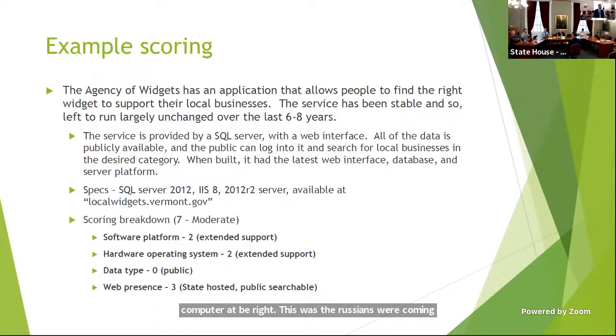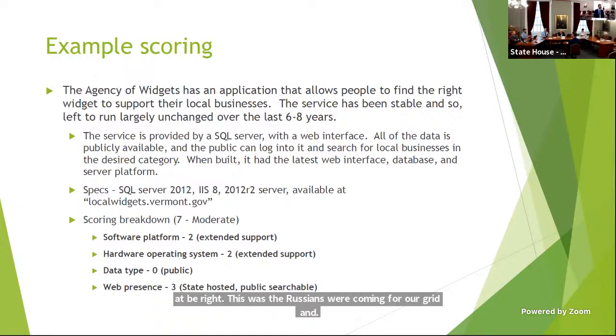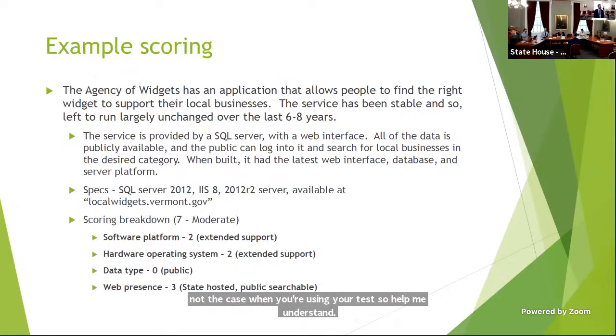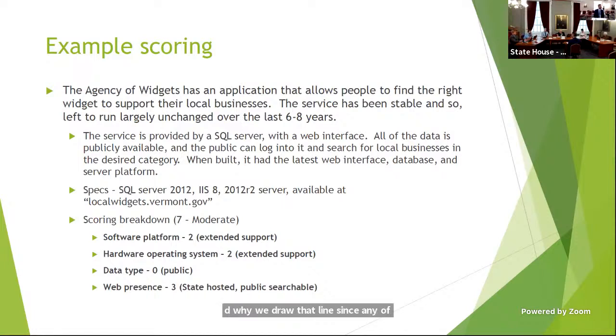And what we learned in that story, at least in the media reports, was much of BED was completely not even connected to the internet, not Wi-Fi, not even wired, wherever possible, they were isolated that way. So the computers that were running the grid. So that's not the case when you're using your test. So help me understand why we draw that line, since any of the machines that are running the applications are likely online. Does that, and forgive me, because, no. I'm fairly ignorant here.